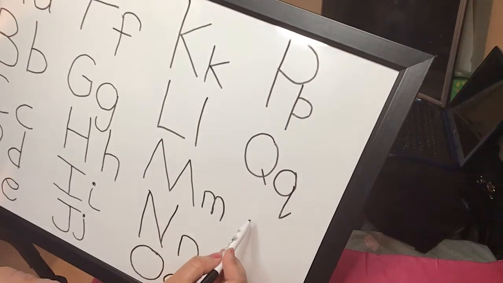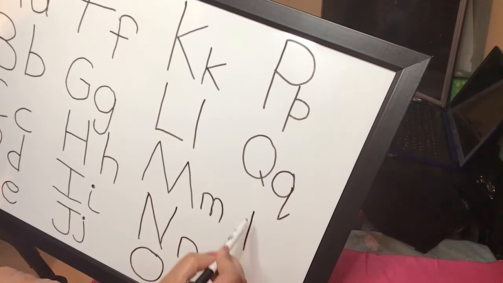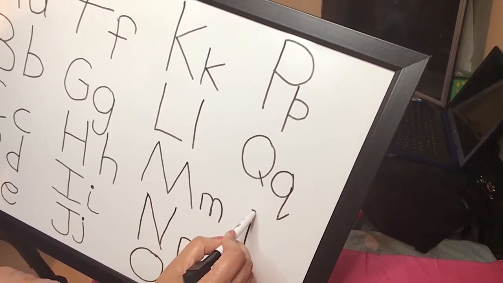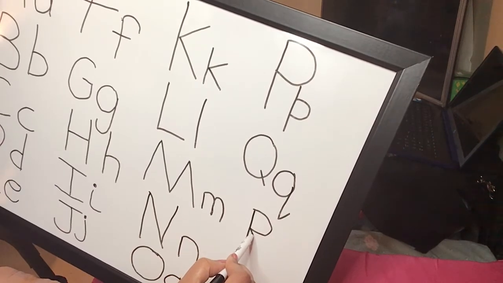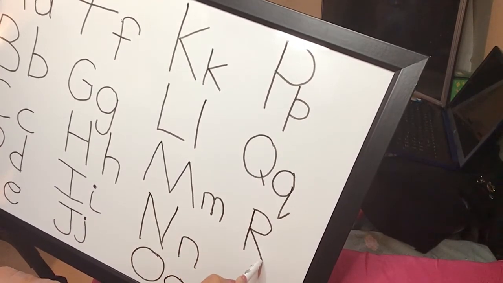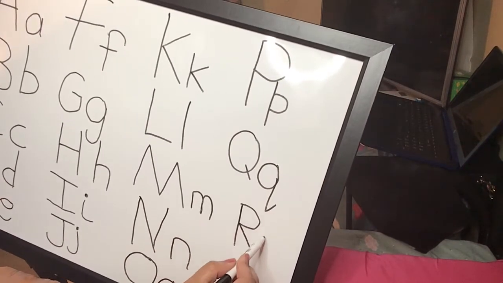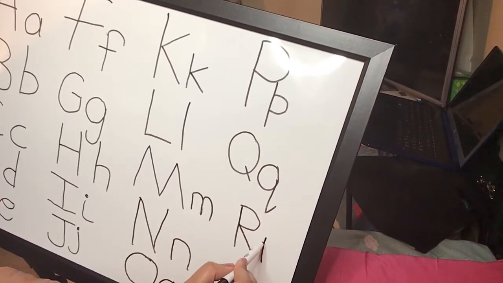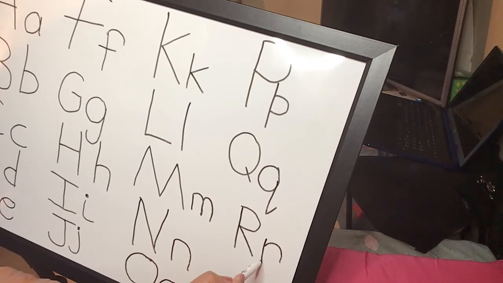Next we have R. A long stick, big right hook, and a little stick going that way. Little R, a little stick, and just half of a right hook.